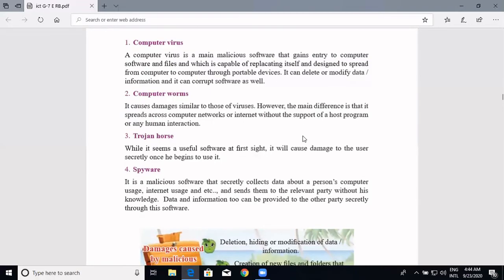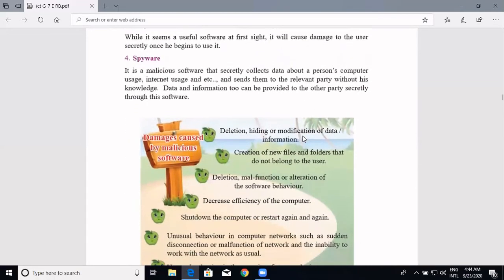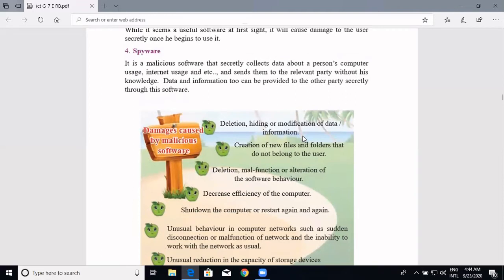So next comes the spyware, right? A spy, you may have heard this English term, spy. A spy is collecting information about somebody and passing it to another one, right? So similarly, spyware is malicious software which secretly collects sensitive data from a person's computer, internet usage, sometimes even keystrokes.